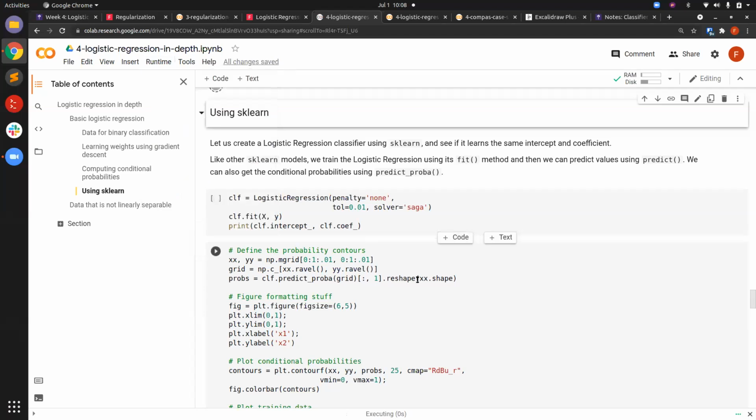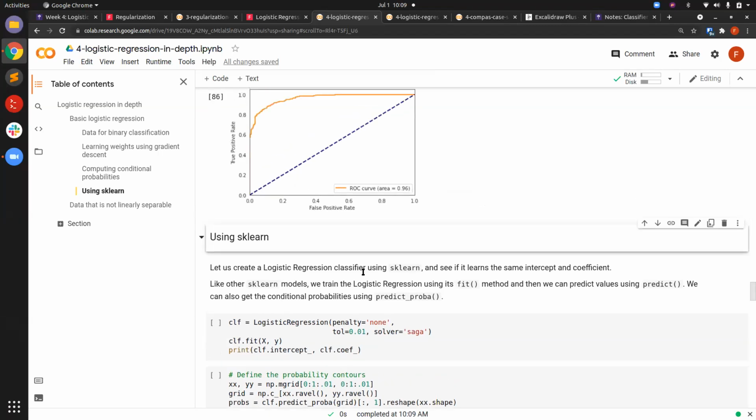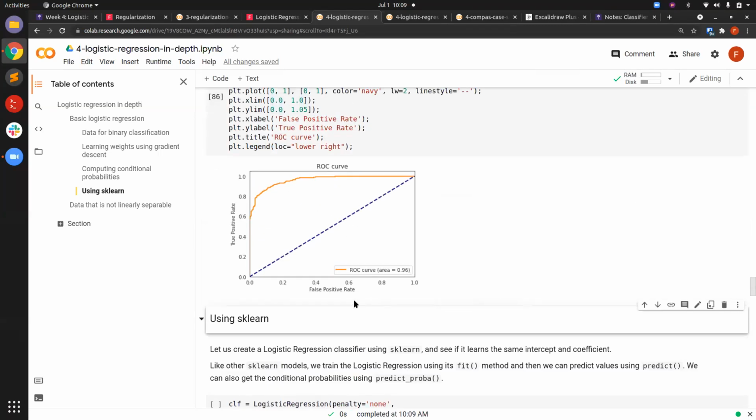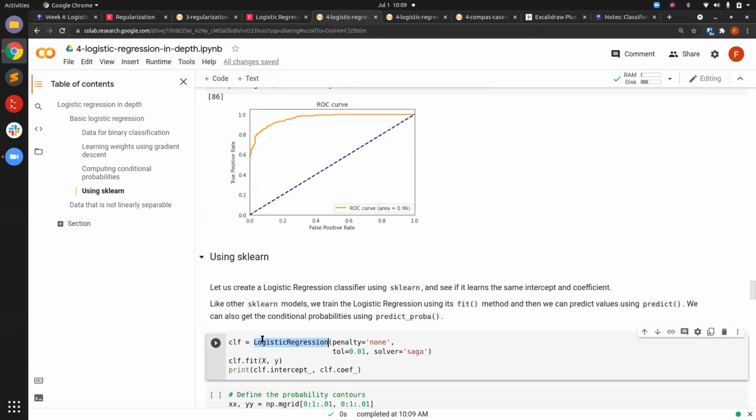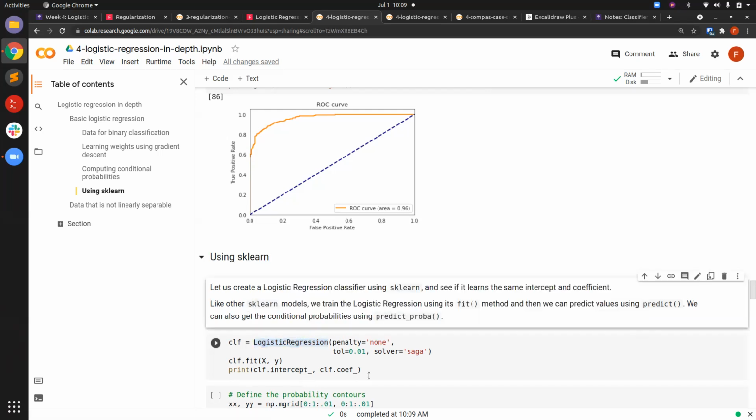Now, I just showed you how to compute the logistic regression weights using gradient descent, but you're not ordinarily going to write your own gradient descent because there are libraries that have much more efficient versions of it that can find these weights for you. So we're going to use a logistic regression classifier in sklearn to do this for us. As I said, it works exactly like linear regression, like ridge, like lasso.